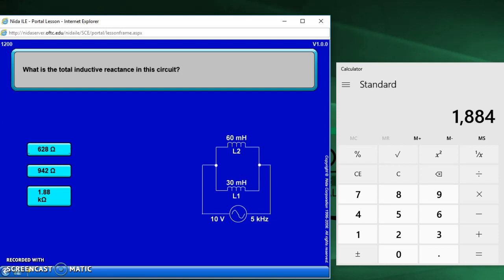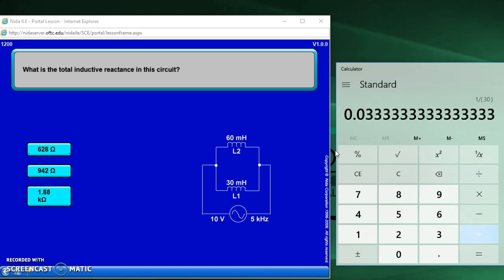So now we're asked to do the total inductive reactance in this circuit. Now again, we can do this 1 or 2 ways. I'm going to go ahead and do the reciprocal formula. So I'm going to clear my calculator, and I'm going to say 30, which is L1 reciprocal, plus 60 reciprocal, equals, and I'm going to reciprocate that.